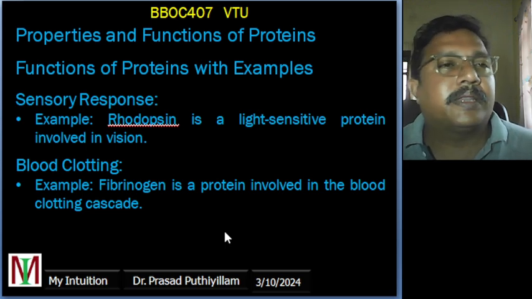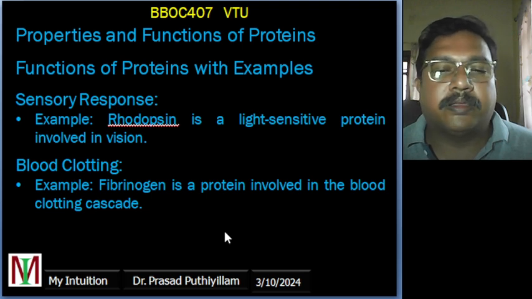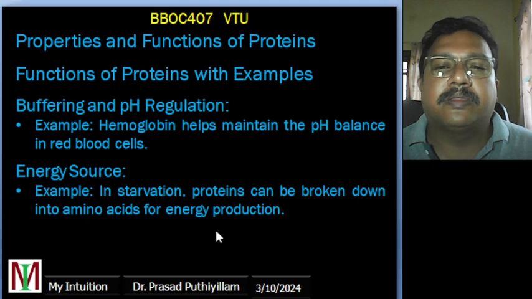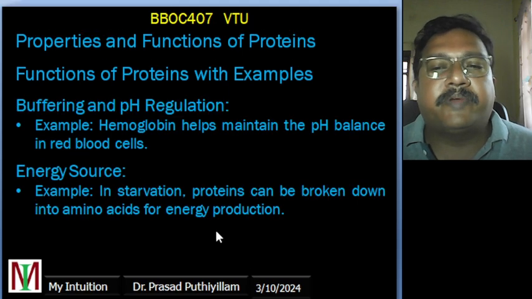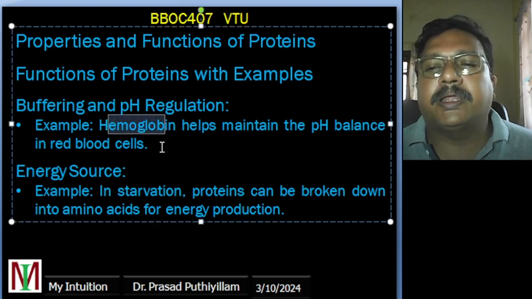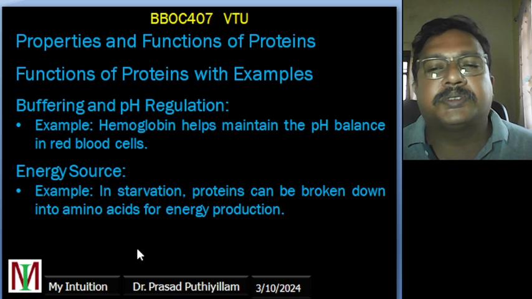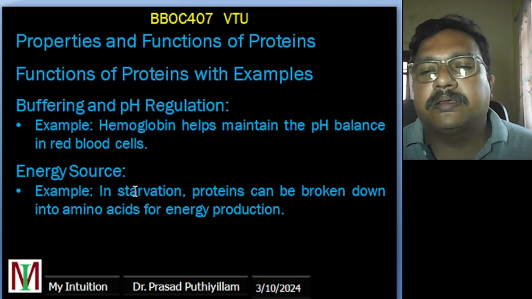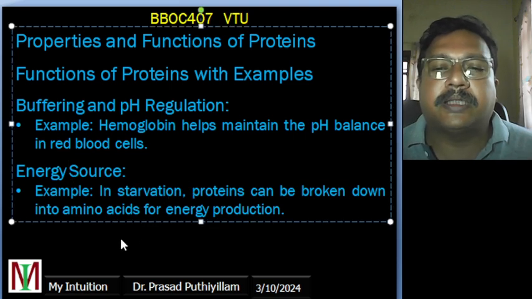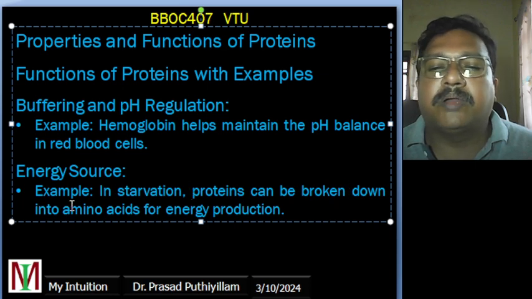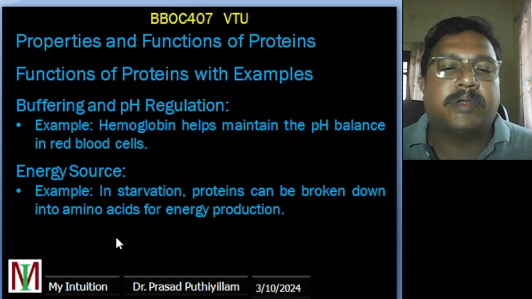Fibrinogen is a protein involved in the blood clotting cascade. Buffering and pH regulation: hemoglobin helps in maintaining the pH balance in the red blood cells. Proteins also act as an energy source; protein can break down into amino acids for energy production.